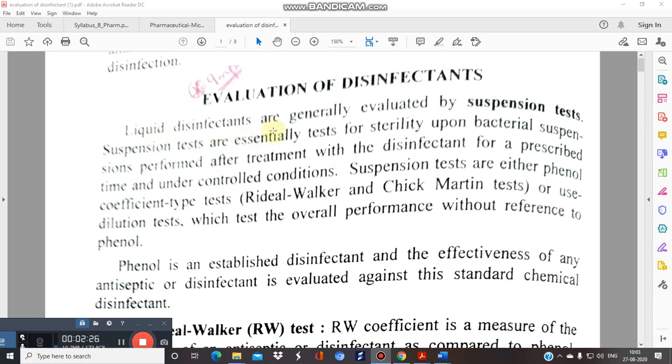So the liquid disinfectants are generally evaluated by the suspension test. First of all, the question arises: why is there a need to evaluate the efficiency or the efficacy of the disinfectants, or you can say antiseptics? There is a simple answer behind it. Nowadays we are using hand sanitizers, and we apply them directly to the skin.